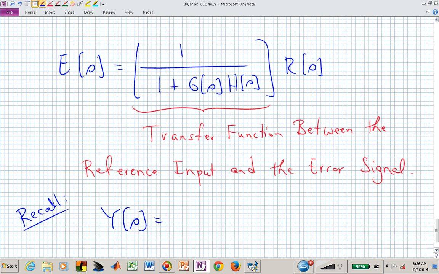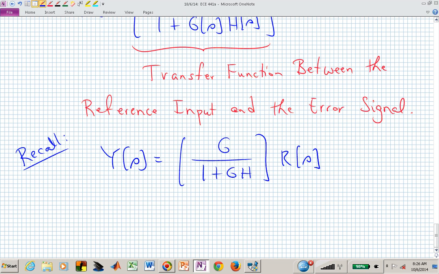You could find it now quite easily because we know that Y is G E. And we would just then multiply this right-hand side by G, and that would give us the transfer function times the reference signal. Or we now have G over 1 plus GH is the transfer function between the reference signal R and the output Y.